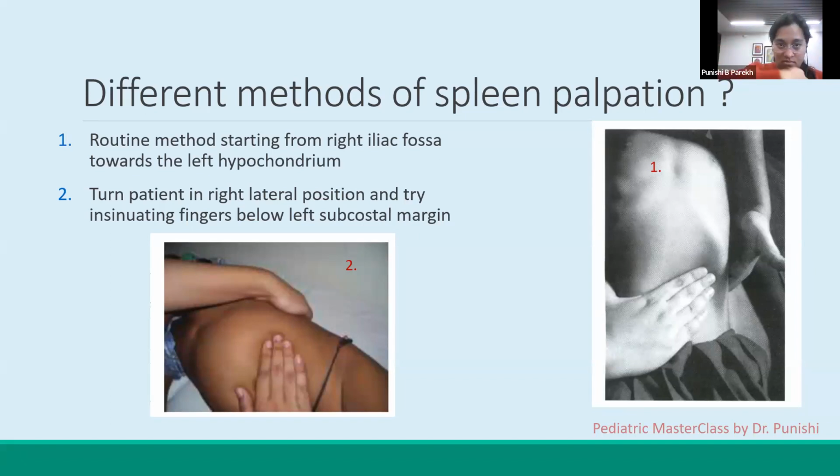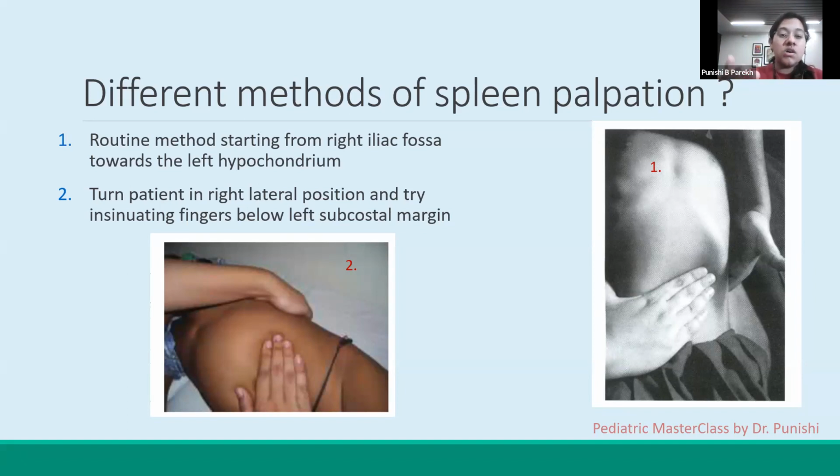Like that, diagonally. That's the direction in which the spleen enlarges. So first, the patient is supine, you start from the right iliac fossa and start palpating towards the left hypochondrium. So this is method number one.